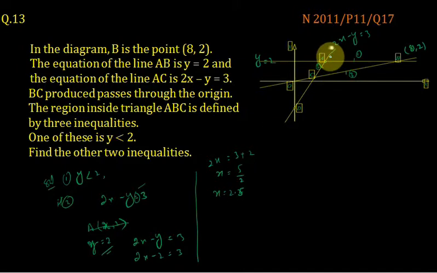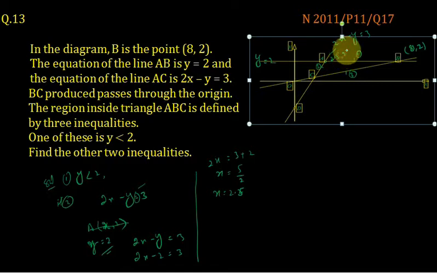So, 2.5 and 2 is the coordinate of A. In between we may take a point here, say 4 is lying somewhere here, and y is equal to 1 is here.